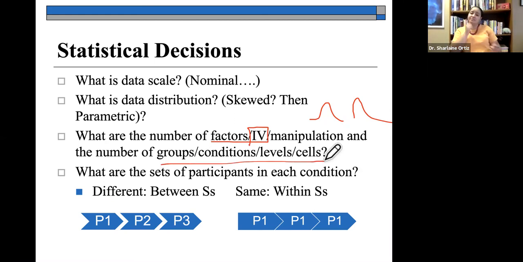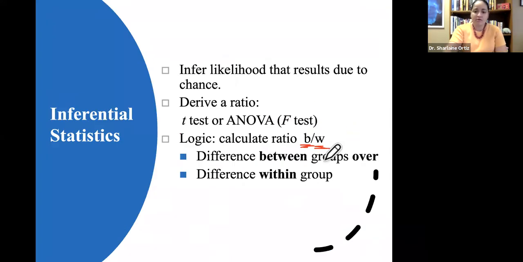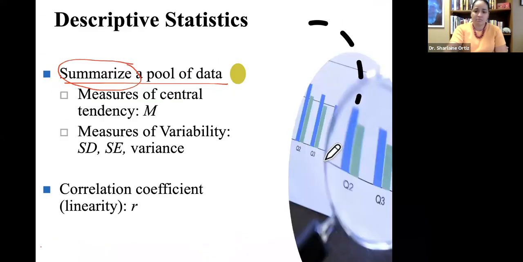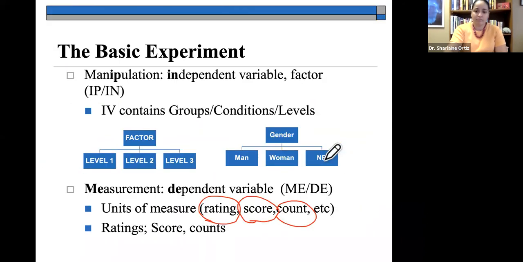So for instance, when we were talking about these levels, notice that we have that variable, but this variable had 3 levels. So we have one IV that has 1, 2, 3 levels.